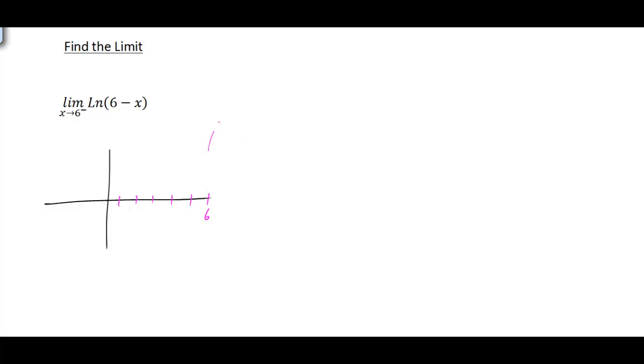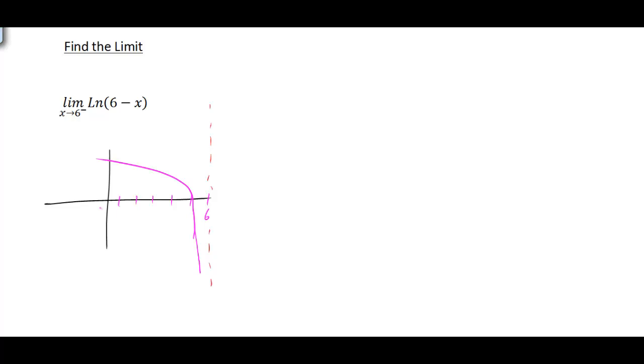So instead of the graph curving this direction, it's reflected, so it's going to look something like this. We can see that it's going to get ever so close to 6, but it's never going to touch or cross 6, because if x becomes 6, we get 0, and if it goes bigger than 6, we get a negative number, and we cannot take the natural log of 0 or negative numbers.